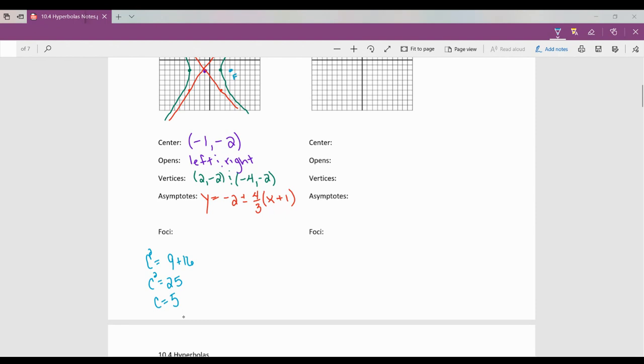And then I go to the left 1, 2, 3, 4, 5 from my center for the other focus. So we've got 4 comma negative 2 and, oh, sorry, that was to the right. And 5 to the left, which is negative 6 comma negative 2. All right. So I'm going to pause here before I go ahead and do the second one.